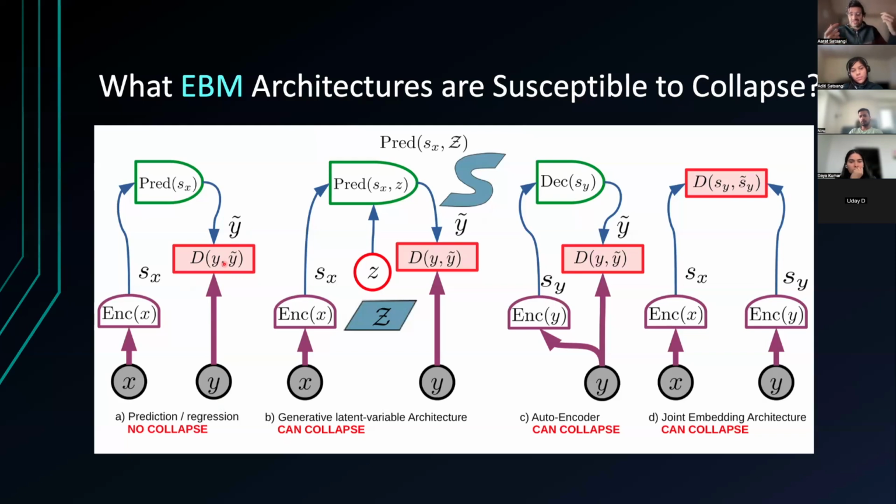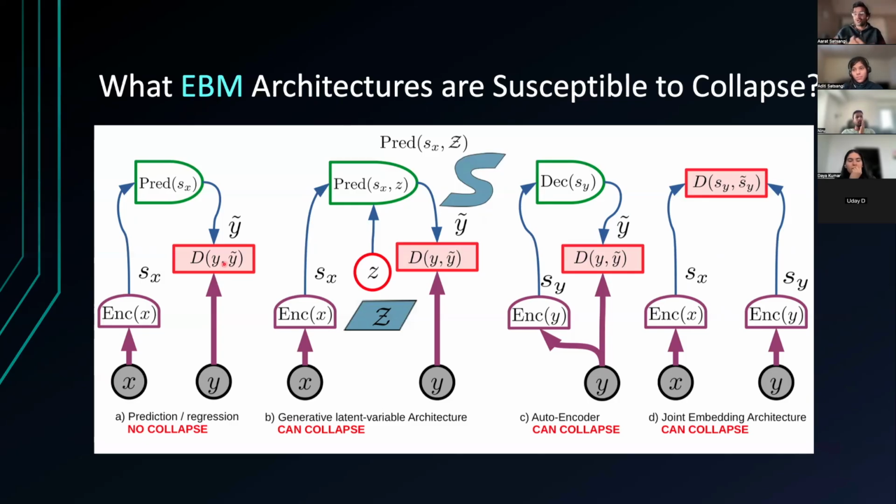One X is being mapped to one Y, a direct one-to-one mapping. There are no multiple mappings in this case, because there are no different kinds of augmentations to figure out and different things to fill in. Because there is a single Y and you're producing it from X, there can be no collapse.